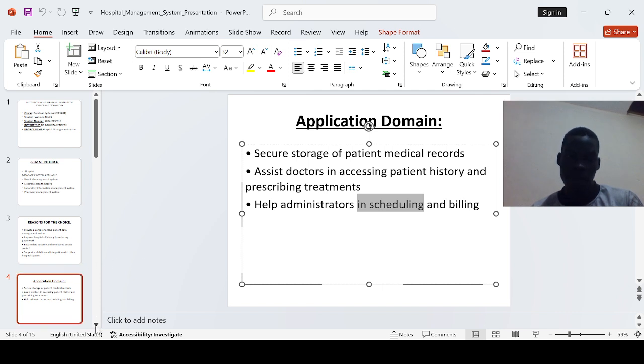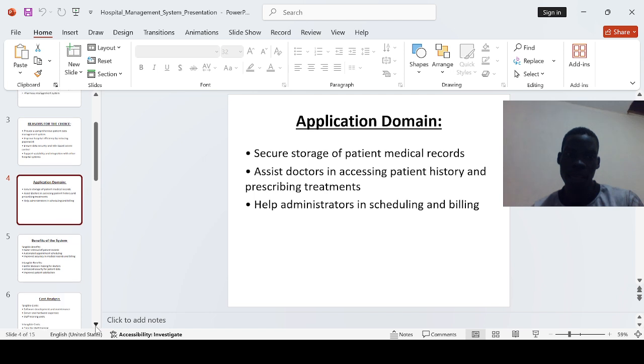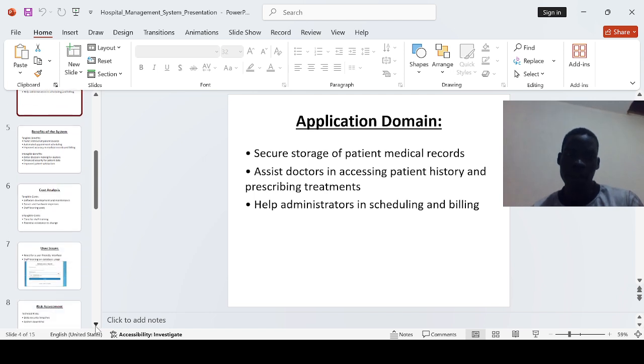So the system helps us in scheduling that, and therefore a good recovery.